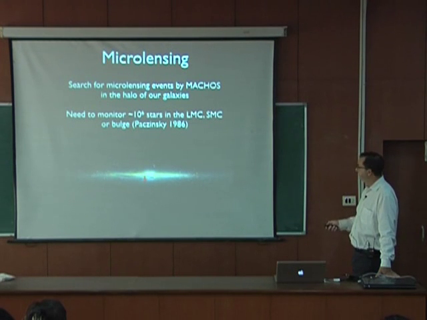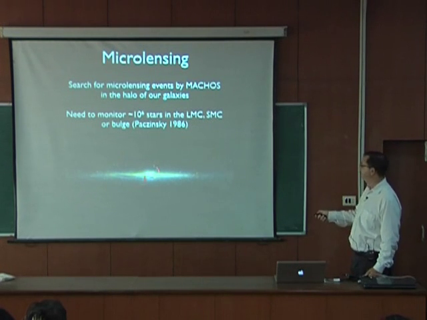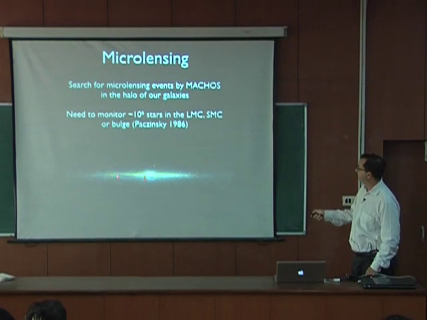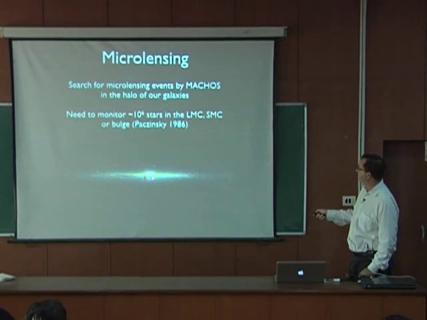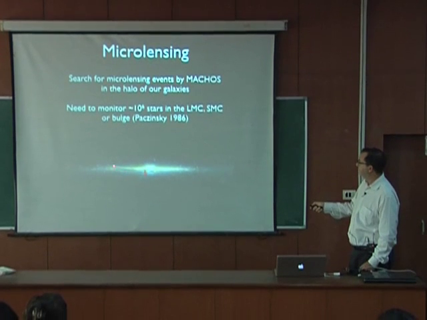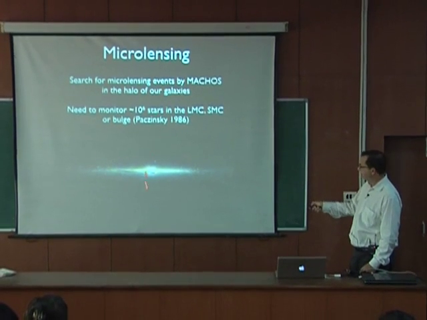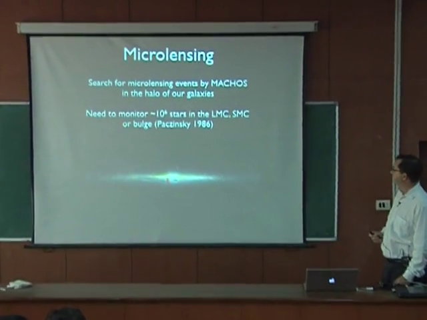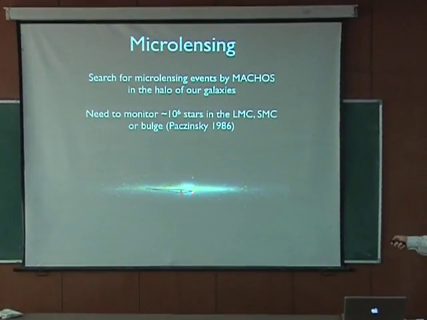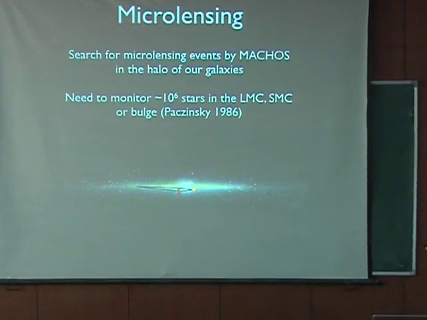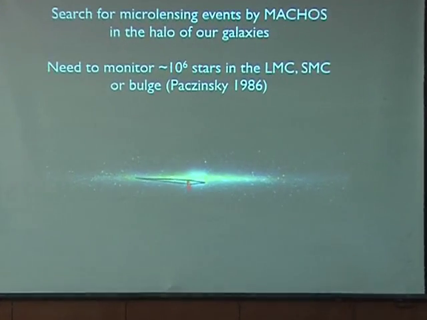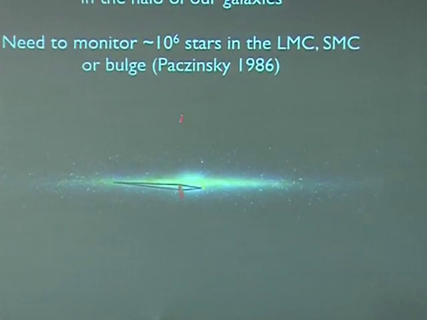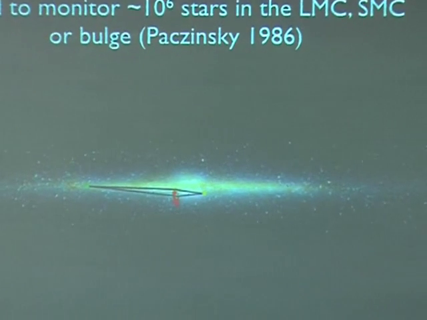Now, first, what's important is to try to see what kind of signal one does expect in these events. So one can calculate how the light curve of this background star is affected by such a microlensing event. So basically, how does the apparent flux of this background star change as a function of time as a foreground object moves close to the line of sight.